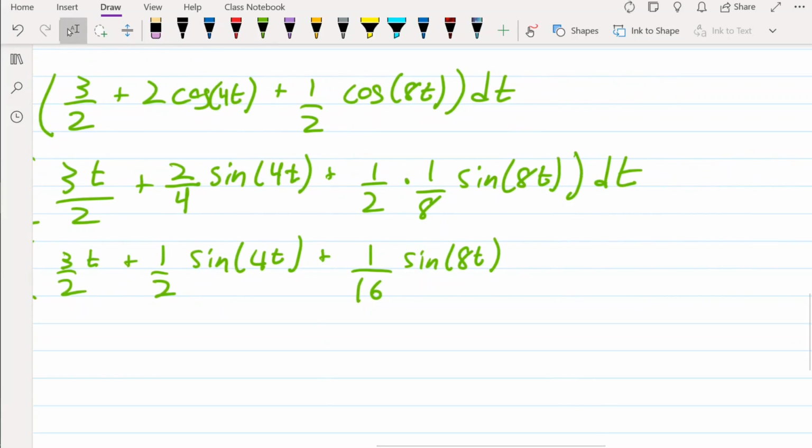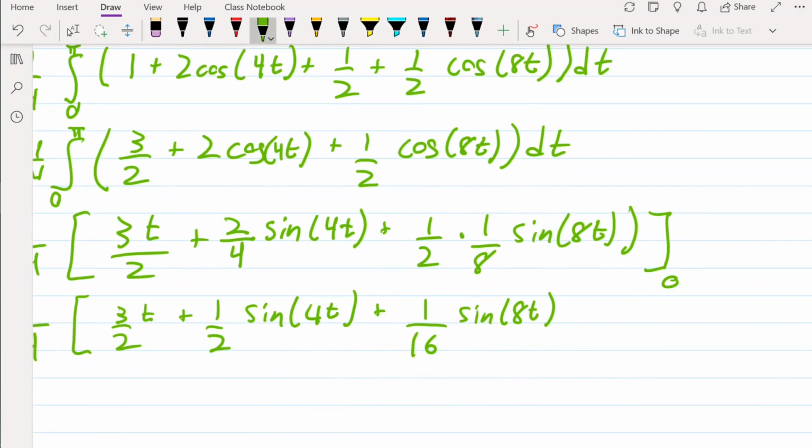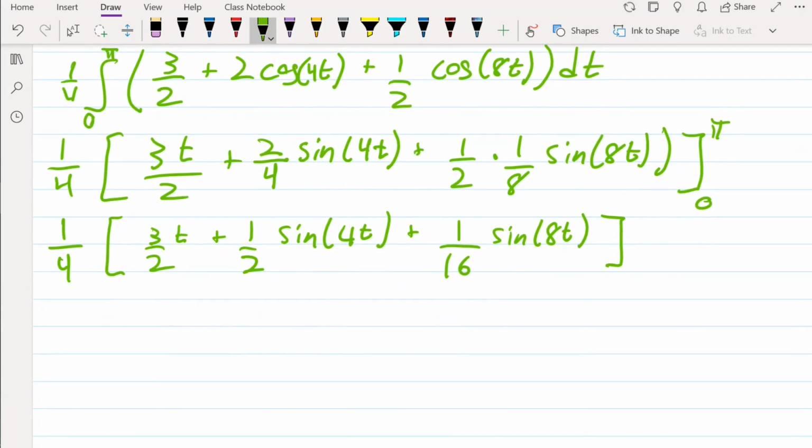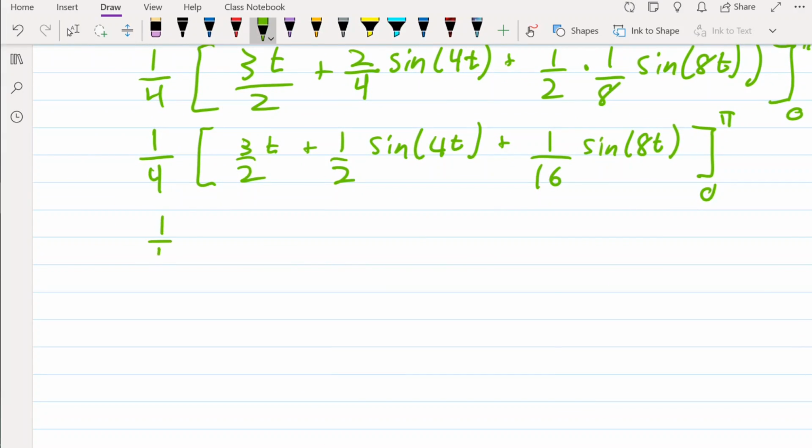Oh, and there's no dt. That's supposed to be an evaluation from 0 to pi. And then we can substitute everything in.